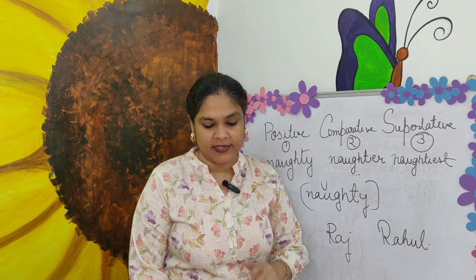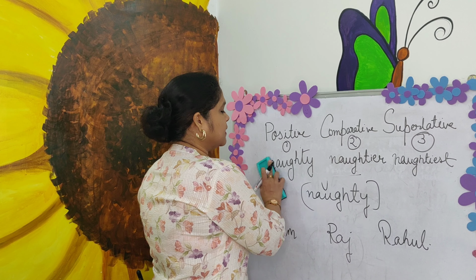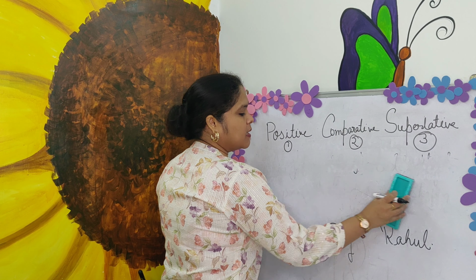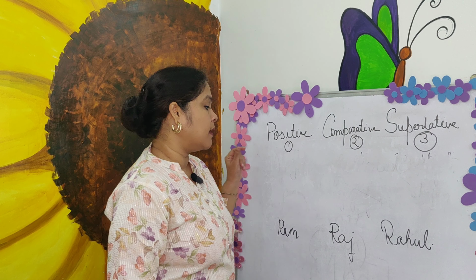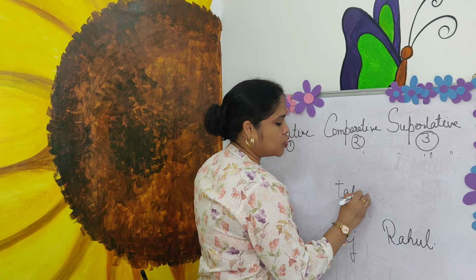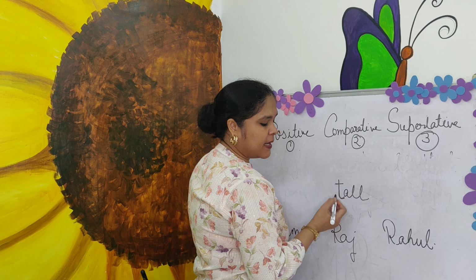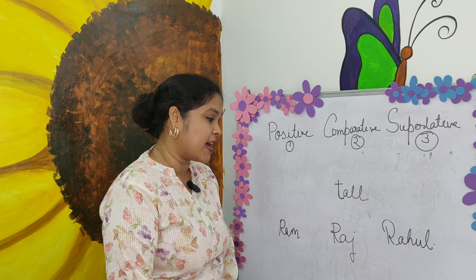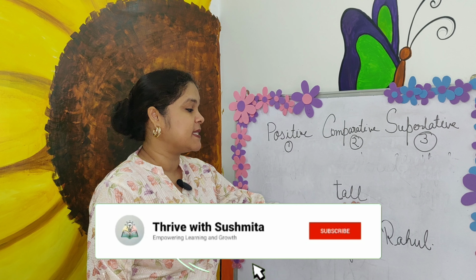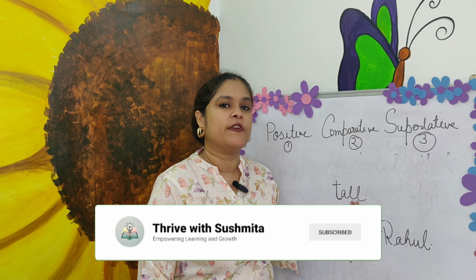Let us take another example. So what is another trait or quality that we can speak about? Let's do it, tall. Again, let's discuss Ram, Raj and Rahul. If I talk about tall, basically this is the base form of adjective.